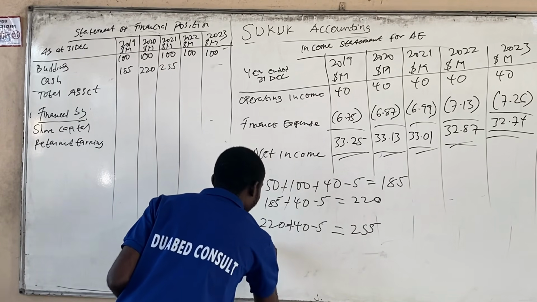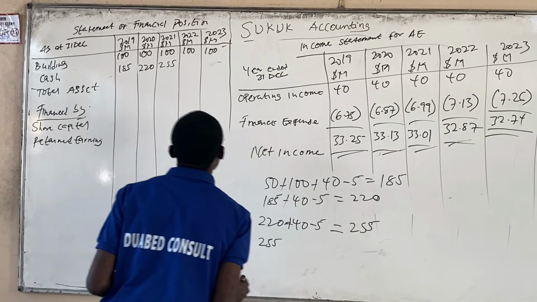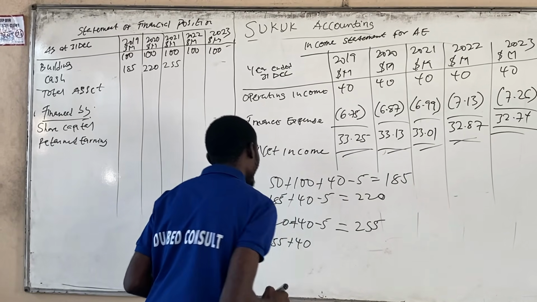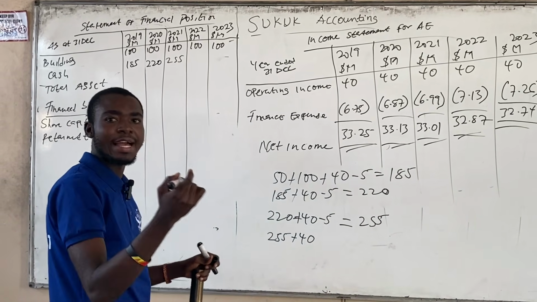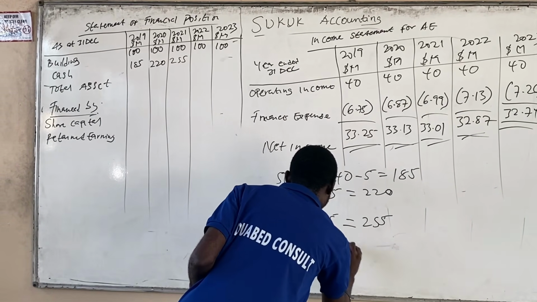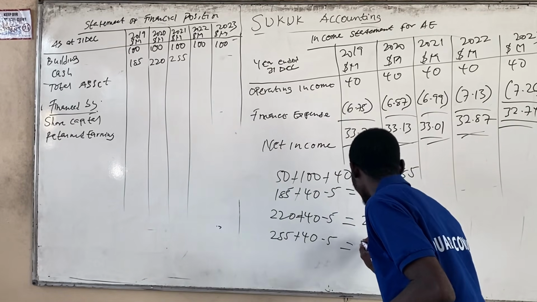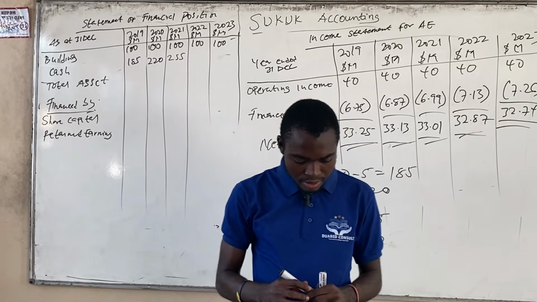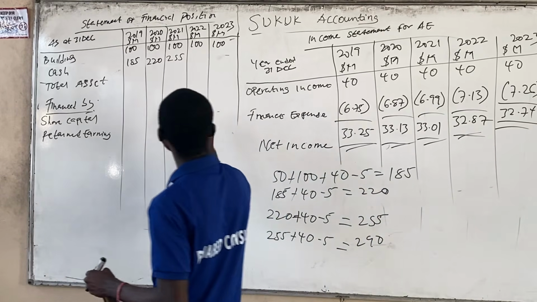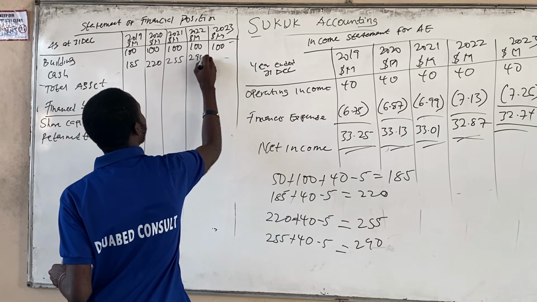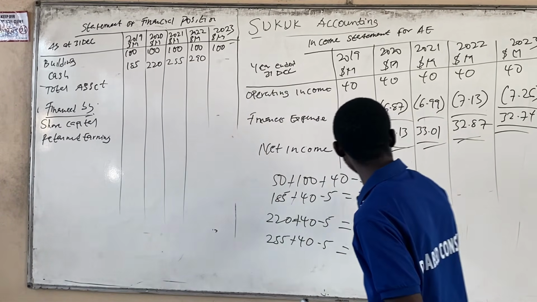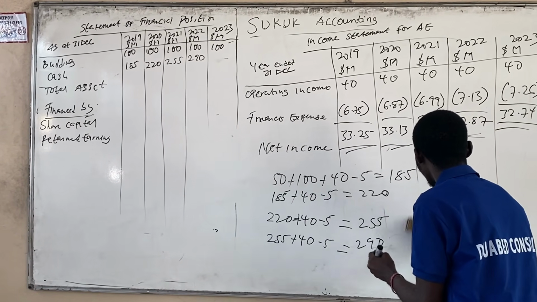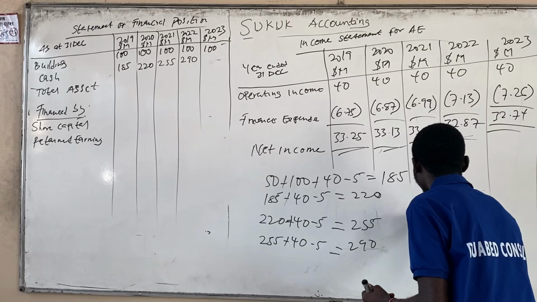And then this will serve as the opening balance for the fourth year. For the fourth year, we made profits of 40 million, and then we made cash payments of 5 million, so minus 5. And this will give us a balance of 290. And then this 290 will serve as the opening balance for the fifth year.